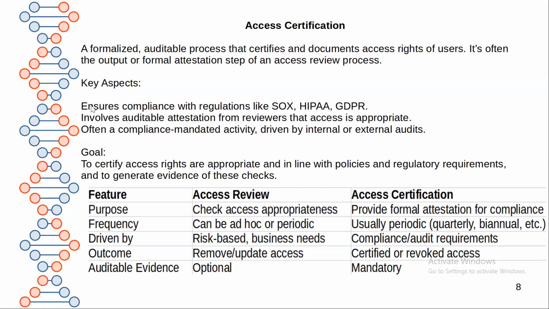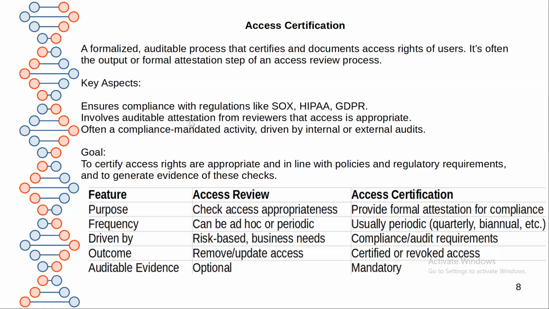This access certification ensures compliance. It could be any compliance, SOX, HIPAA, GDPR, or whichever ISO you are following, or whichever geographical location you are in. Based upon that, it involves the auditable attestation from the reviewers that access is appropriate. This is an important line.